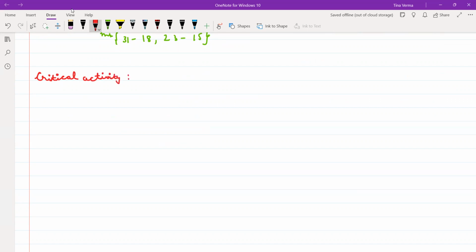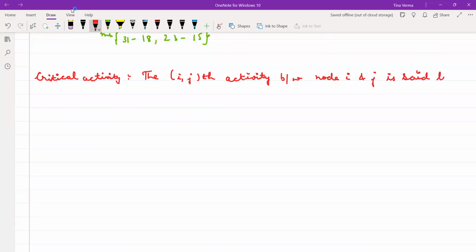So what is a critical activity? The ijth activity between node i and j is said to be critical if ESi will be equal to LCi. That means the earliest starting time of the ith node is also equal to the latest completion time of the ith node.